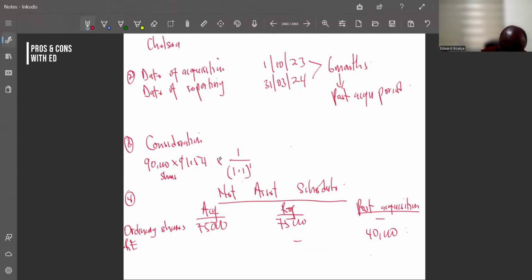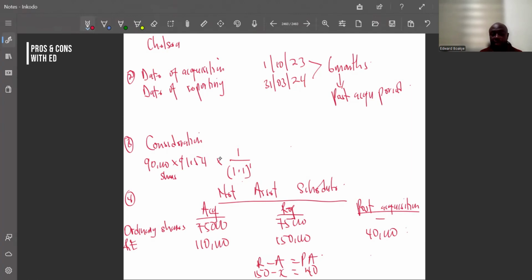So in all, we get total retained earning to be 150,000. It is reporting minus acquisition that gives us the post-acquisition. We have reporting to be 150. We don't know acquisition here, but we know post-acquisition to be 40, right? So what should we subtract from 150 to get 40? It is 110.